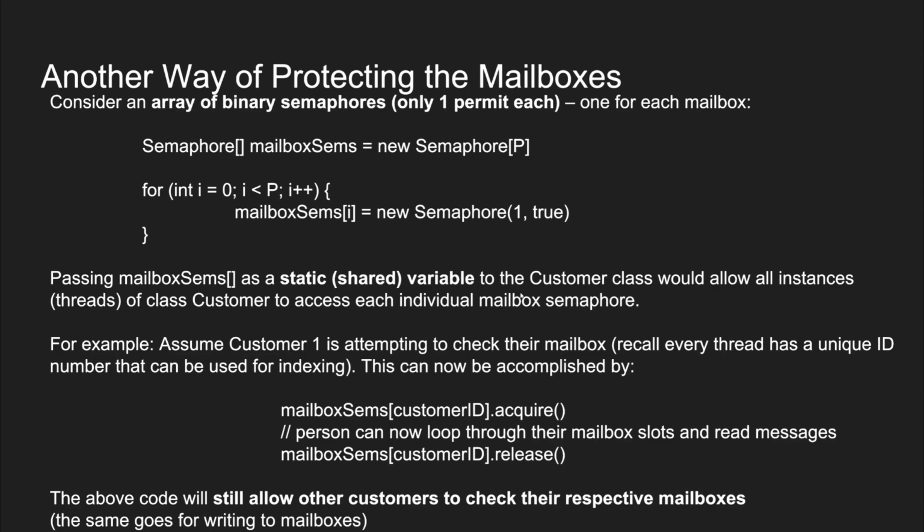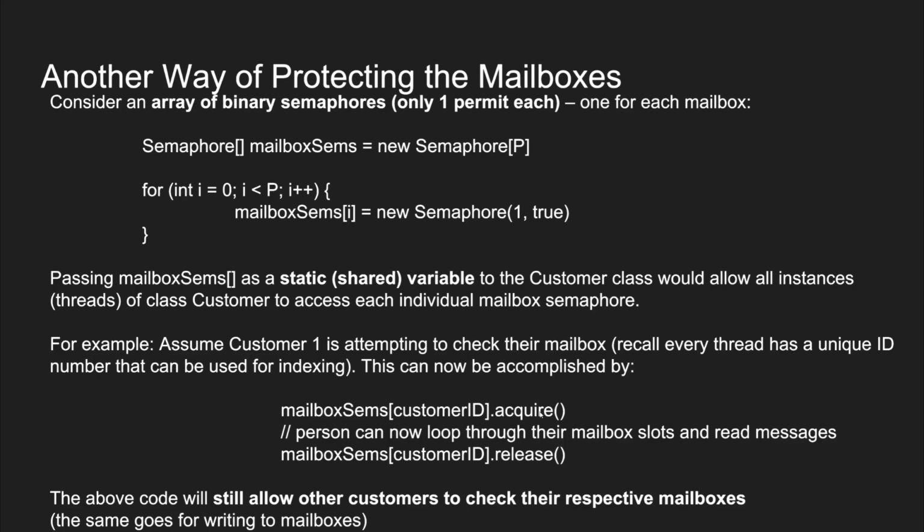So as an example, that's a lot of words and not a lot of code. Let's say customer 1 is attempting to check their mailbox, and recall every thread has a unique ID number, so customer 1 would be customer 1. This can now be accomplished by mailbox sims, so we index the array of semaphores protecting each individual mailbox by this customer's ID. So we do mailbox sims at customer ID.acquire.